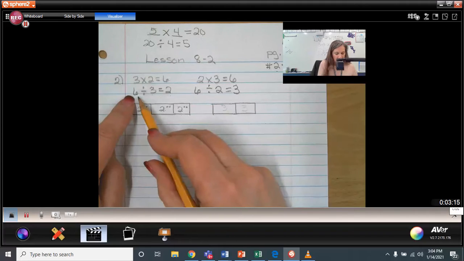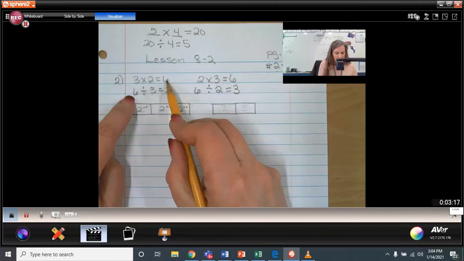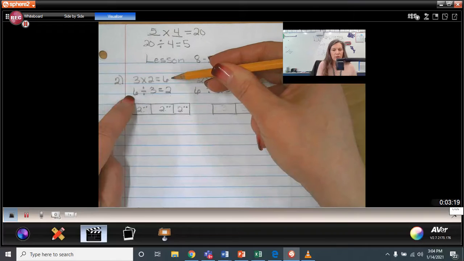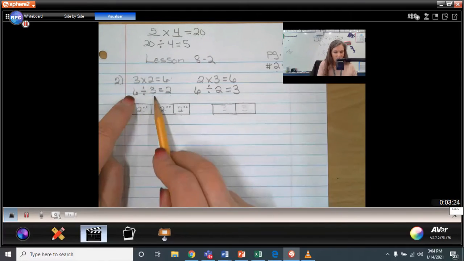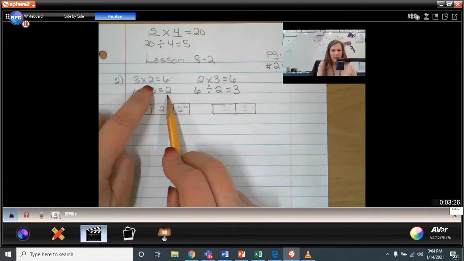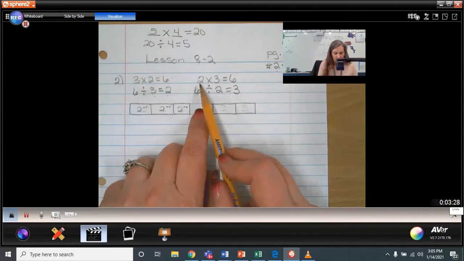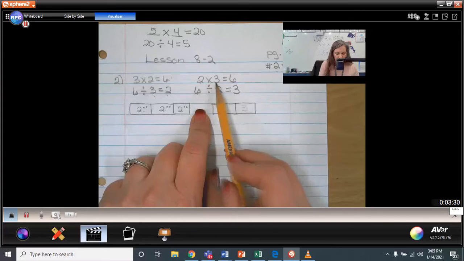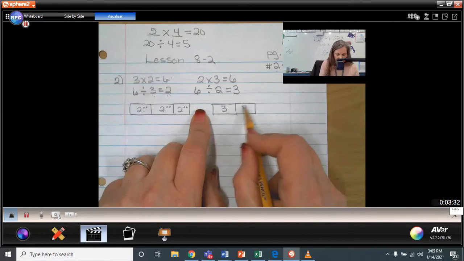So, using your division from your multiplication is what we're going to do in a fact family. So we started with 6. We put it into 3 groups. There were 2 in each group. This multiplication sentence has 2 groups of 3. That would mean 3 and 3.